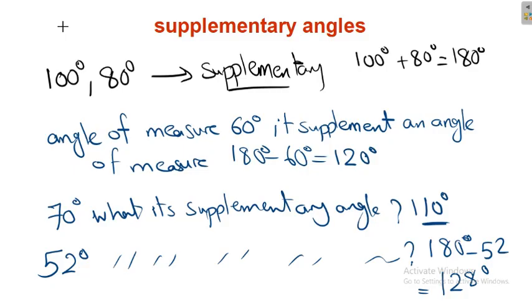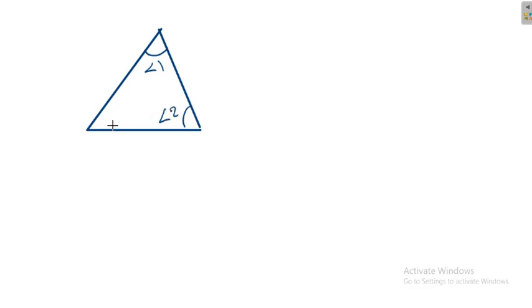Now moving to another concept, which is the angles relations of a triangle. First, in any triangle how many angles do we have? We have 3 angles: angle 1, angle 2, angle 3.